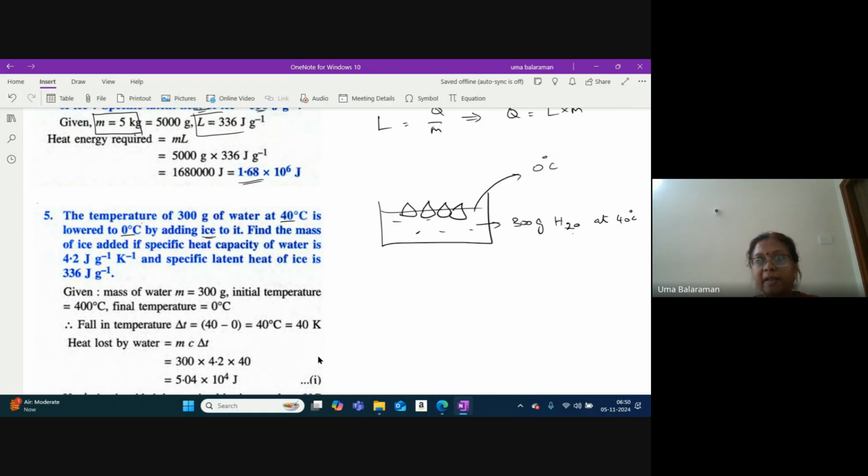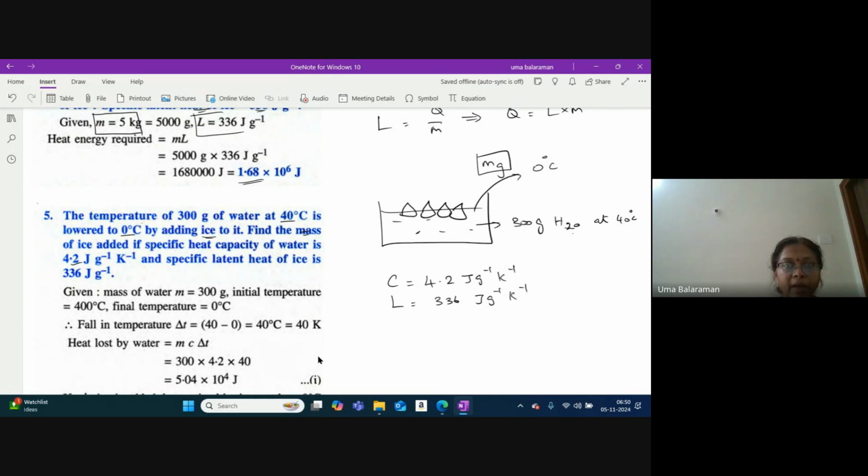So they have added m gram of ice. Find the mass of the ice added if specific heat capacity of water is 4.2, so C is 4.2 joules per gram per Kelvin. Specific latent heat of ice is 336 joules per gram.